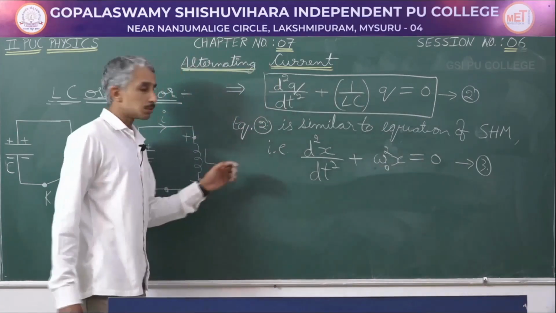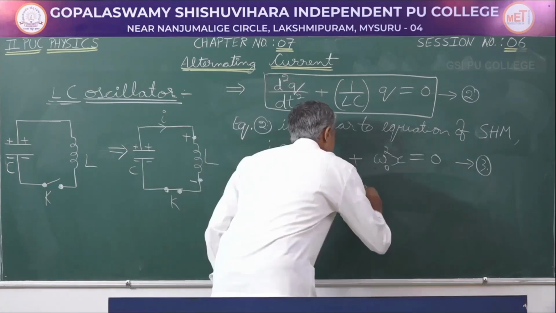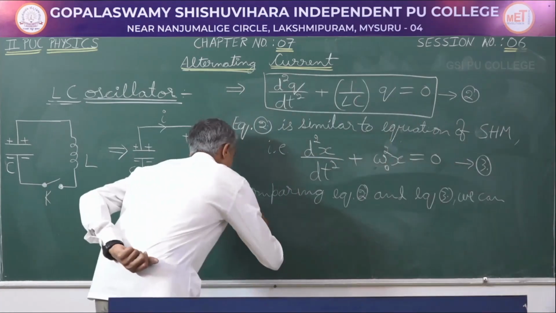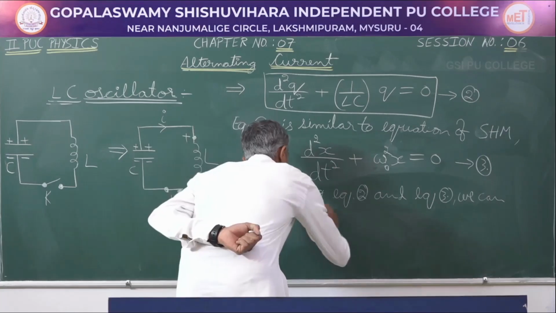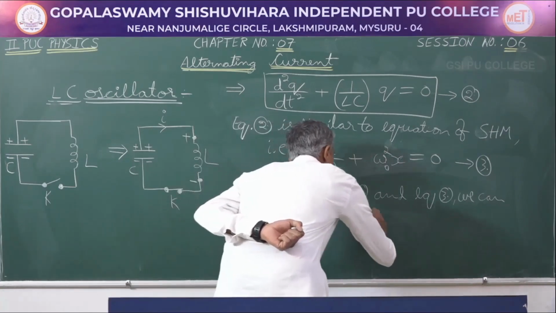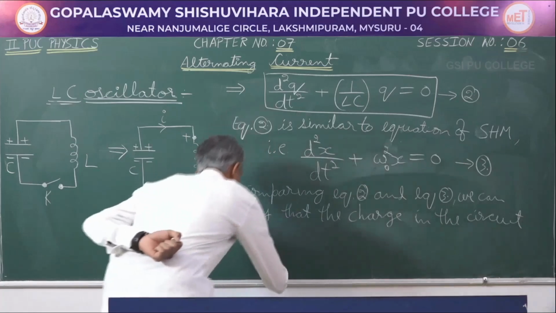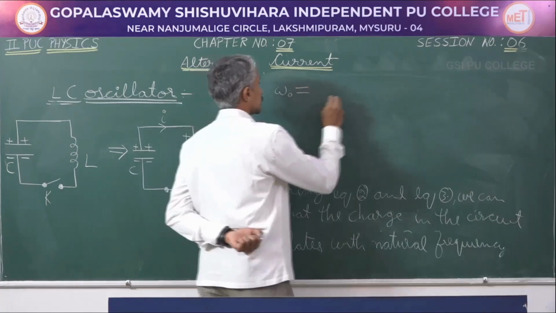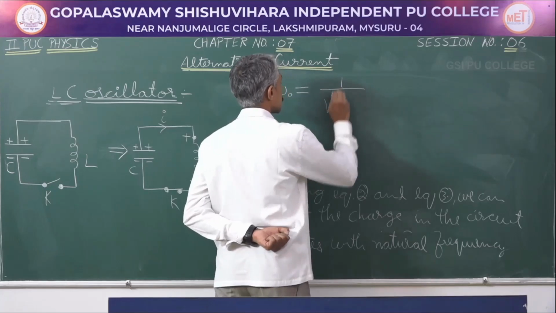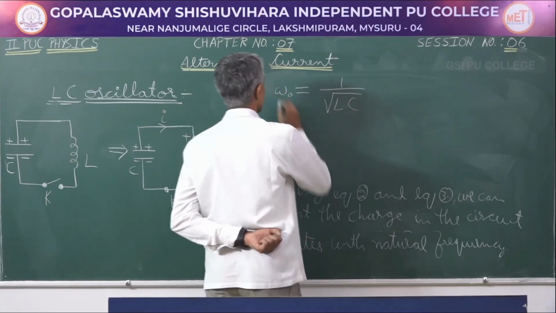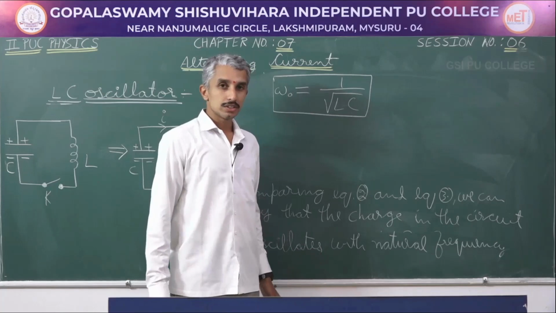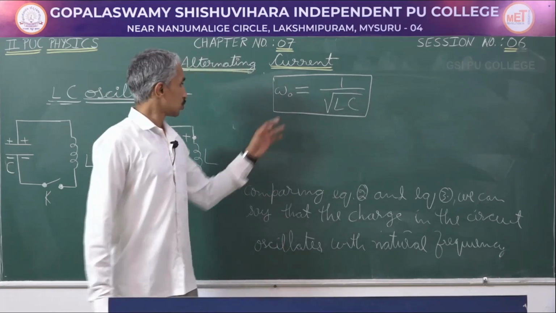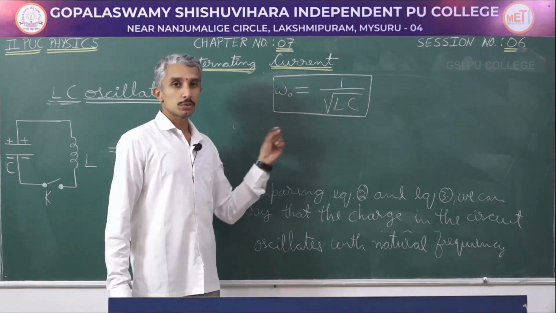Finally, I can conclude comparing equation 2 and equation 3, we can say that the charge in the circuit oscillates with natural frequency omega naught is equal to 1 by root LC. We had 1 by LC in place of omega square or omega naught square, which means omega naught is going to become 1 by root LC.